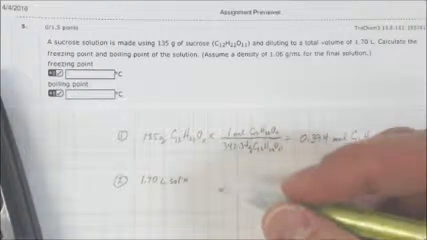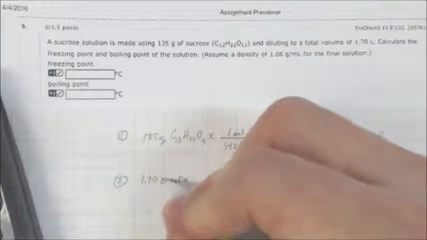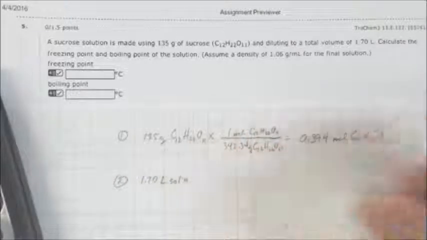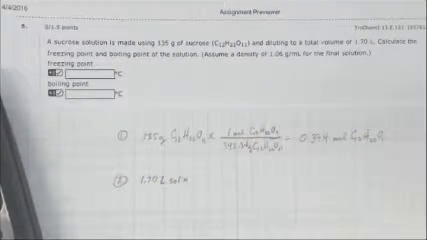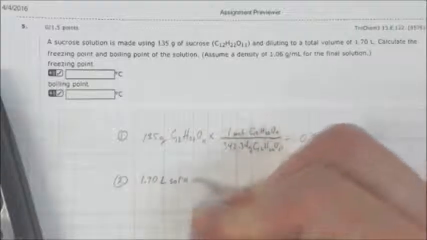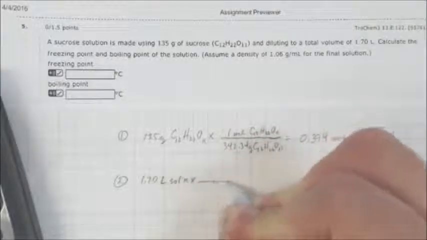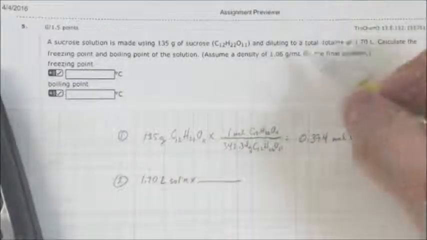I'm real big on showing your work and showing the units and labeling things properly. So I'm labeling this solution so that we can keep track when we've got solution, when we've got solvent, when we've got solute. In this case, we've got solution. They've given us also up here that we have a density of 1.06 grams per milliliter.